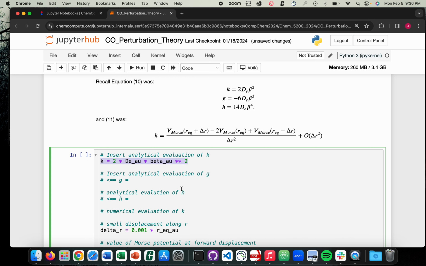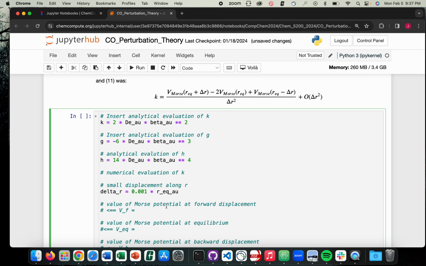I've got K, hopefully in atomic units. I'm going to do the same thing for G. So minus 6 times dissociation energy times beta, all in atomic units. And then H is going to be equal to 14 times dE underscore AU times beta underscore AU to the 4th power.